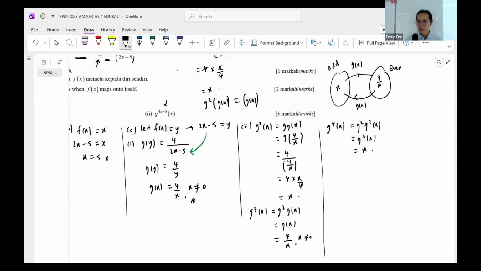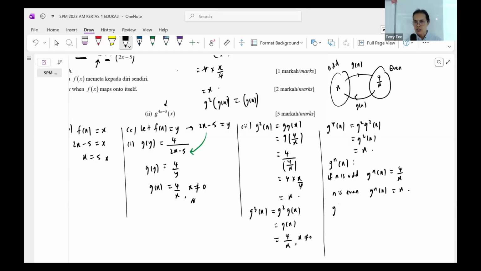So you can say g of n x, if n is odd, g_n is now what? g_n is now 4 over x. If n is even, g_n x will be x.